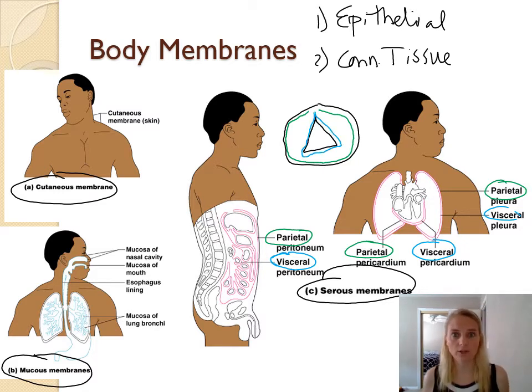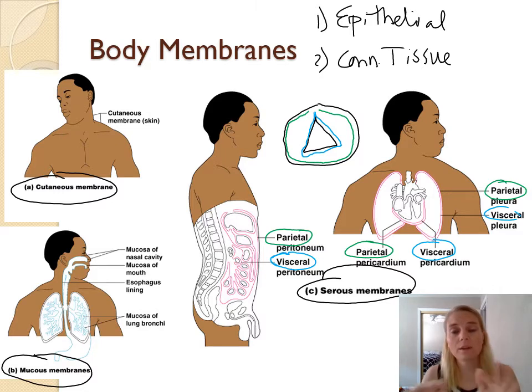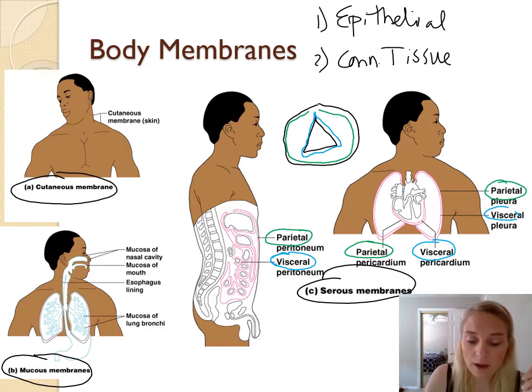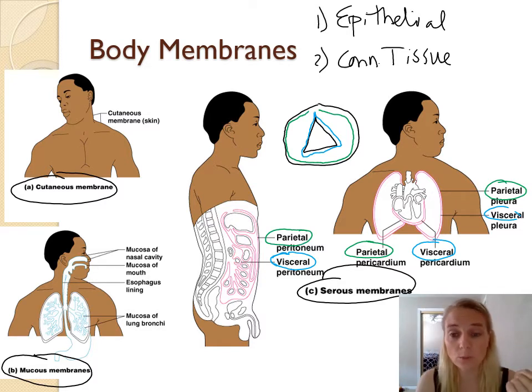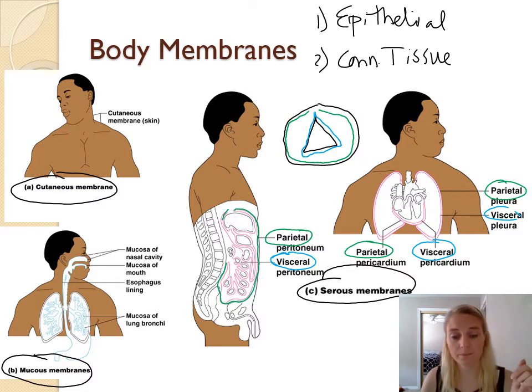So if we have a triangular shaped organ within this body cavity, parietal is going to be on the wall of the cavity. Visceral is going to be on the surface of the organ, right? What we're showing here, they just did it all in the same color, which I like to color code. But if I were to do the parietal peritoneum, kind of track this pink line but overlay it with green, the parietal peritoneum would just be those lines right there. It's covering the wall of your abdominopelvic cavity.